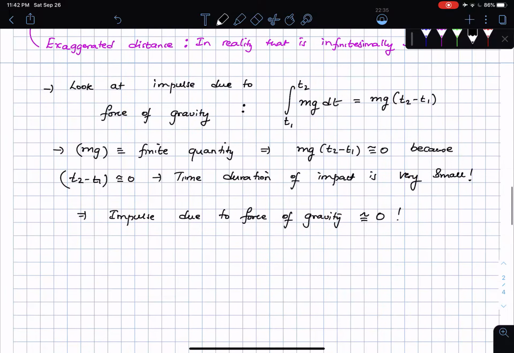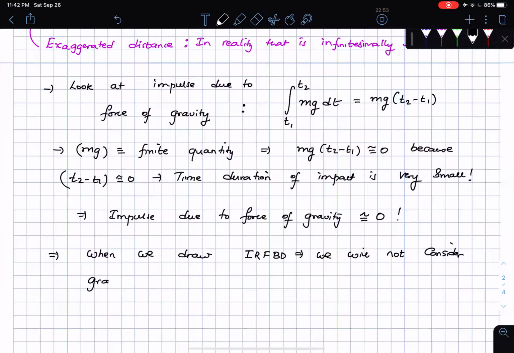Which means that when we draw the impact relevant free body diagram, we will not consider gravity to offer any impulse, which means we can neglect it.